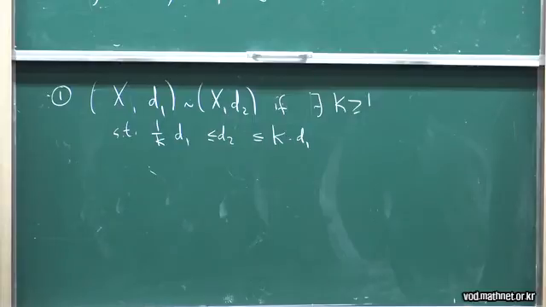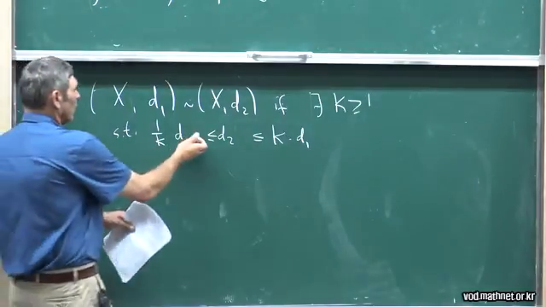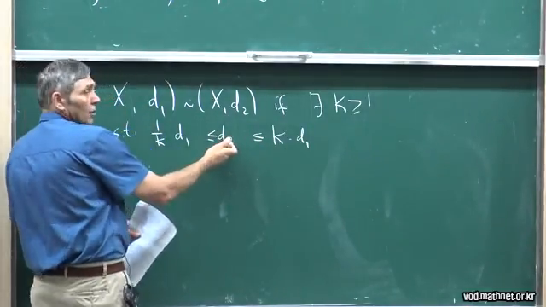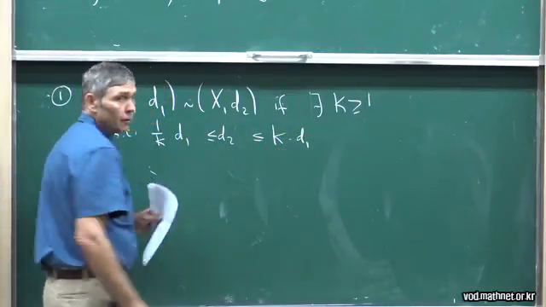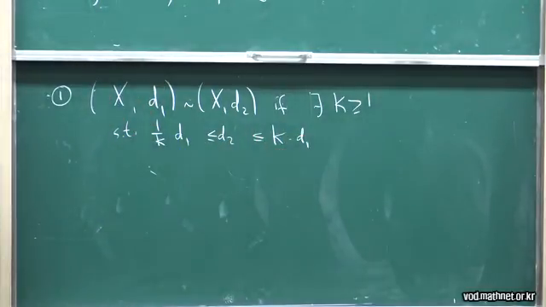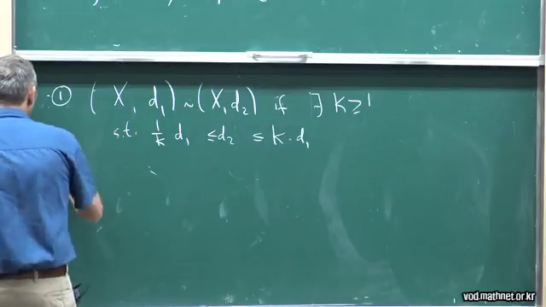So no matter what pair of points you put in, the distance is bounded above and below by some constant times the other metric.